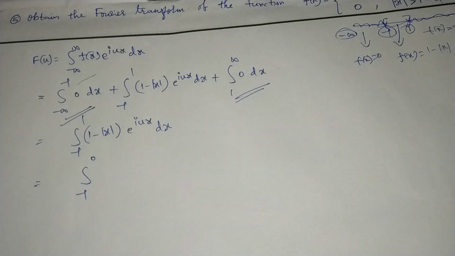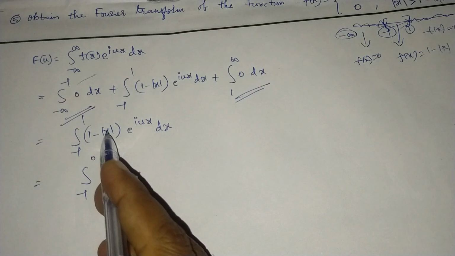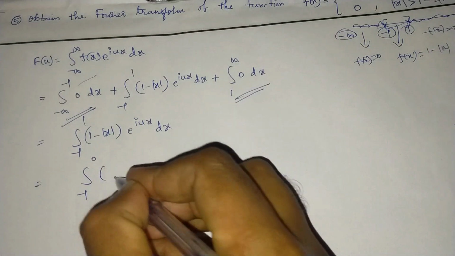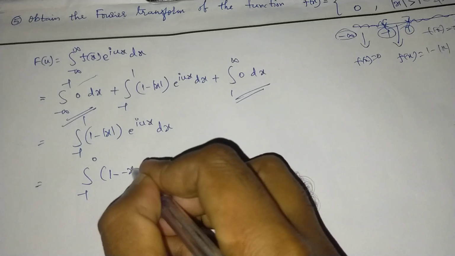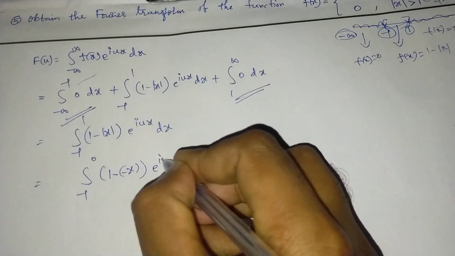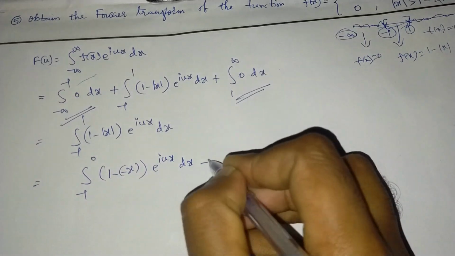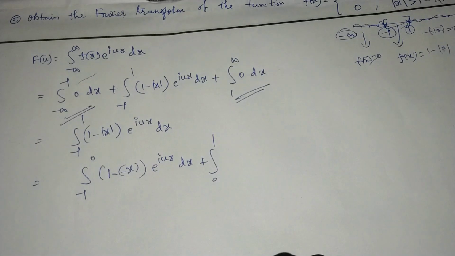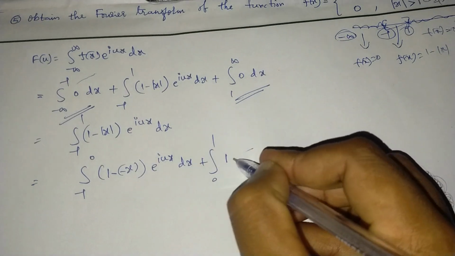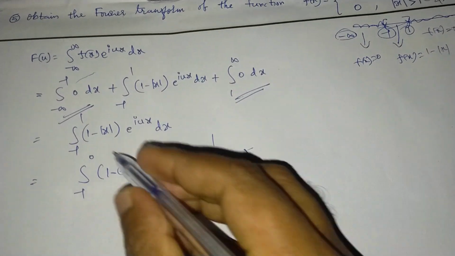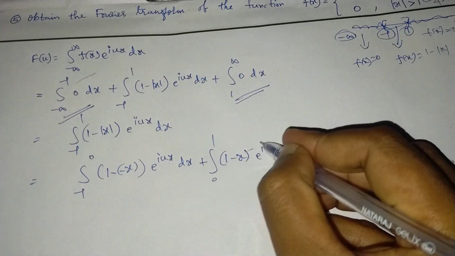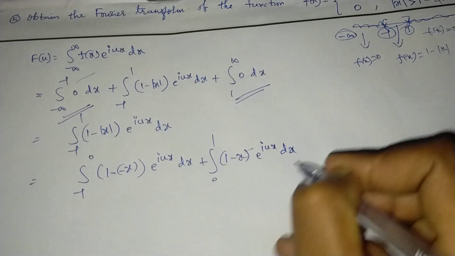From minus 1 to 0, we have negative real numbers, where mod x is minus x. So 1 minus mod x is 1 plus x, into e power i u x dx, plus from 0 to 1, we have positive real numbers, where mod x equals x. So 1 minus mod x equals 1 minus x, e power i u x dx.